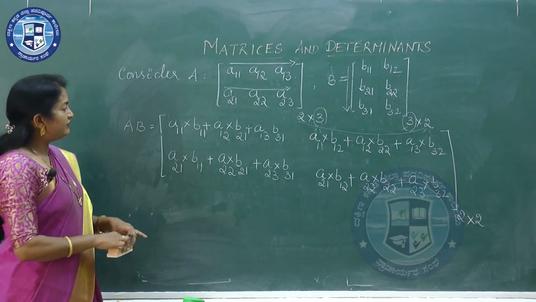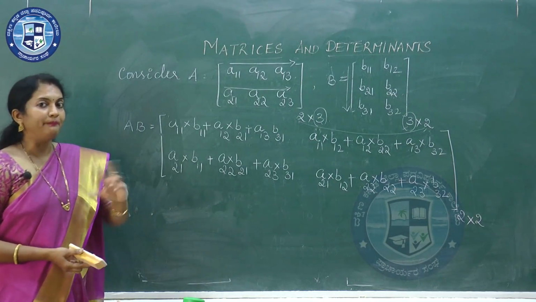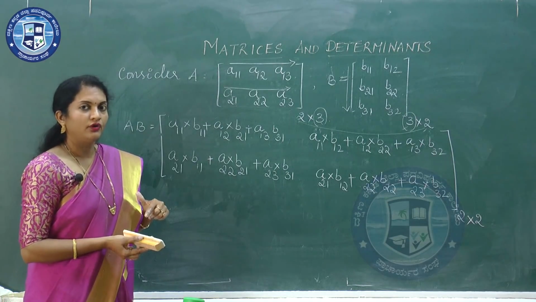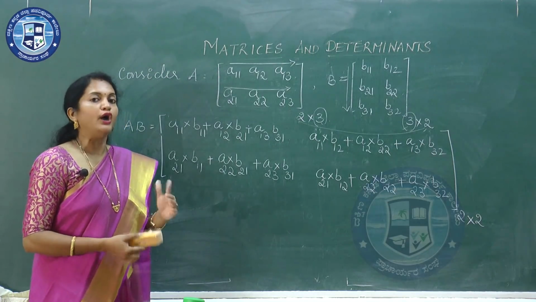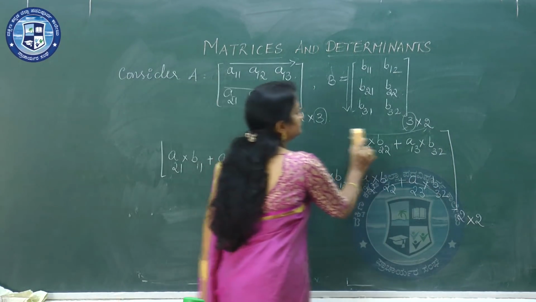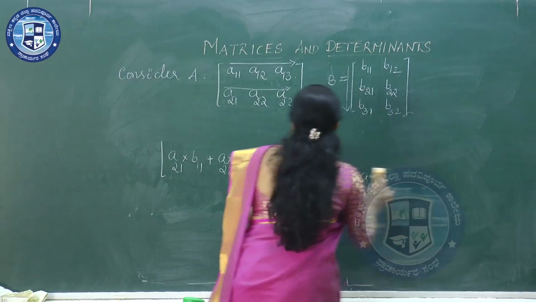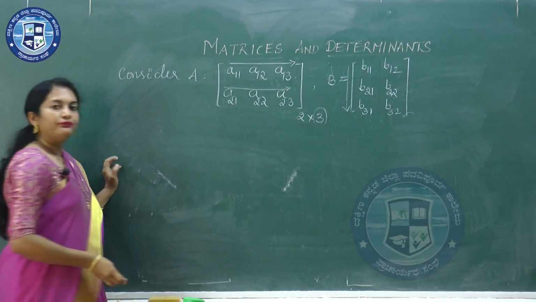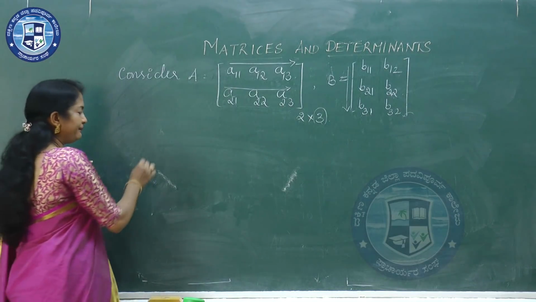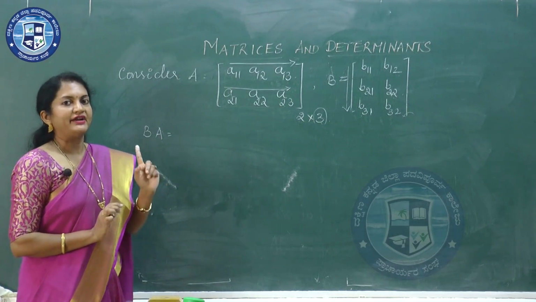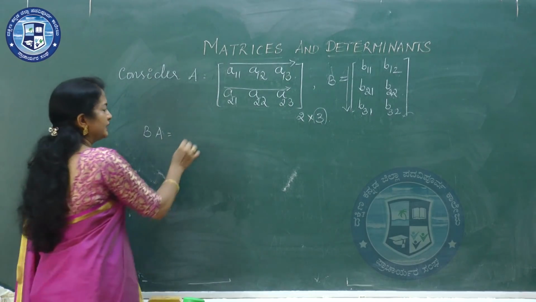Now we will see what is BA, what is the product BA. Is that the same, or is that possible? How we will be getting BA, we will see. When we are taking the product BA, the first matrix must be B only.